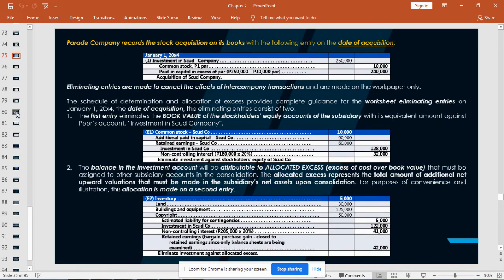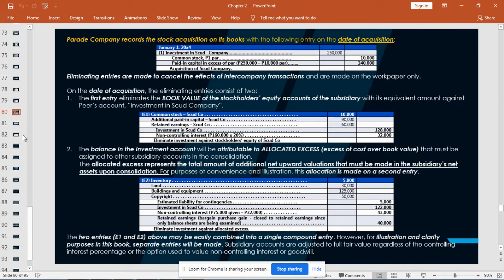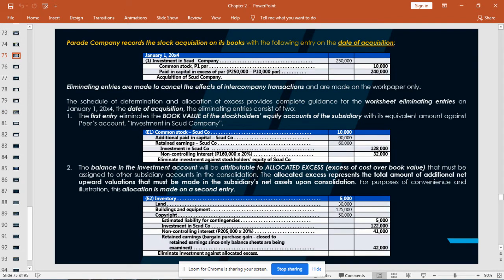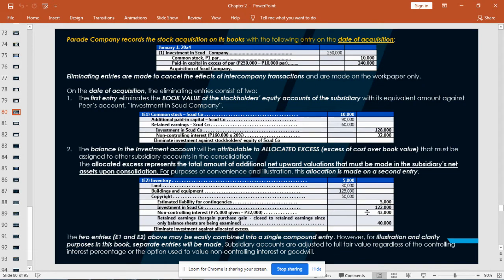Tama. Then our third elimination entry, dun sa first portion, the same. But then, we will have a difference dun sa ating non-controlling interest portion. Ayan.